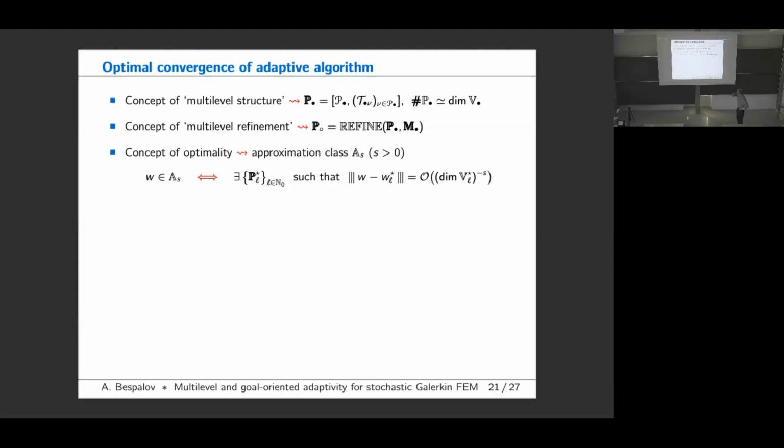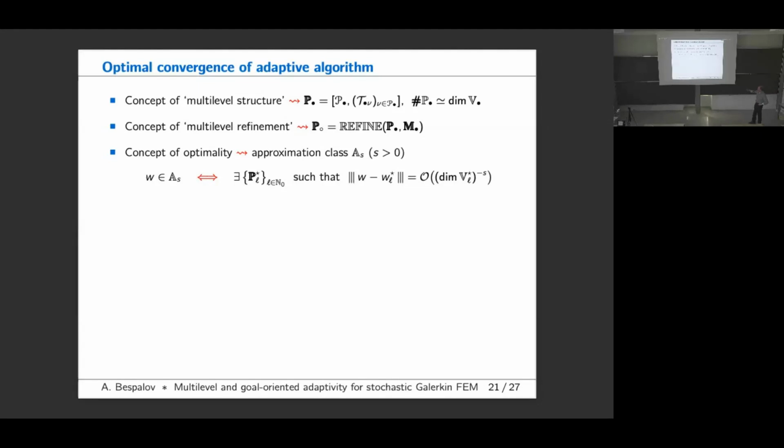We have done some work to introduce structures in the objects that we define, and one of the concepts that we introduce is a multi-level structure. If some of you did HP adaptivity, a mesh-degree combination is called that in standard HP FEM. So this is the sort of thing here. We have something from parametric polynomial approximation and the collection of meshes. We have a concept of multi-level refinement in this framework. We introduce the standard approximation class.